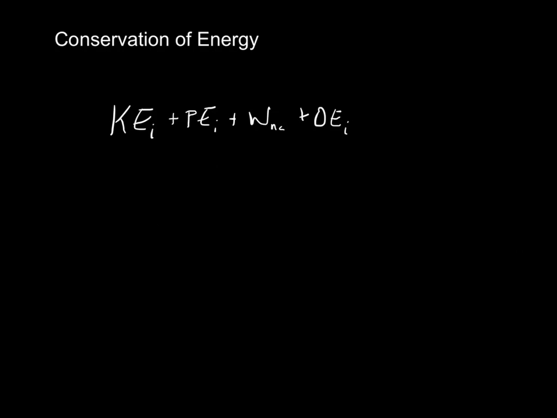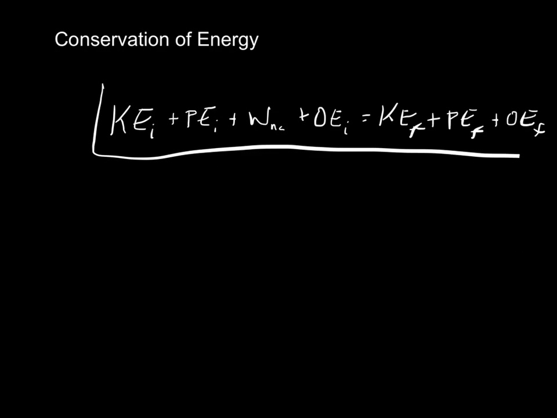It's a catch-all for anything that's not potential or kinetic or fits our non-conservative definition. So kinetic energy final plus potential energy final plus all other energies final. And this would be our big conservation of energy equation.